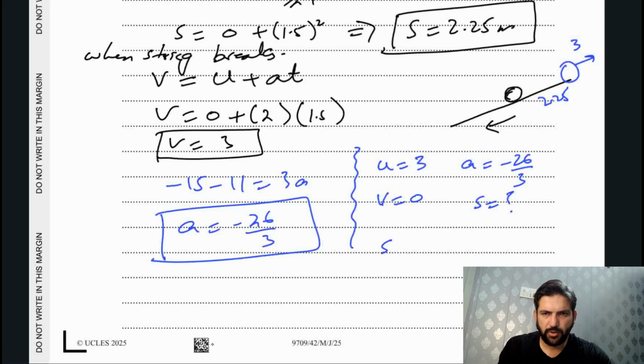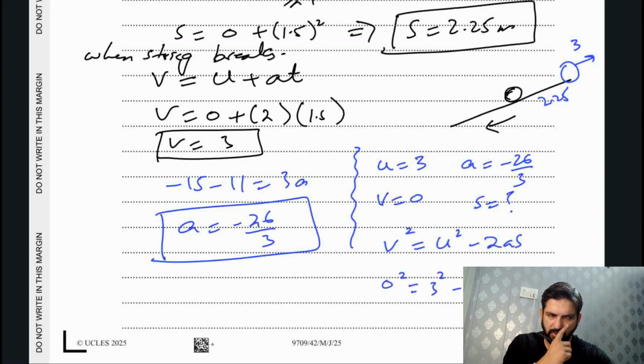So we can use the formula for s: v squared is equal to u squared minus 2as. So v is 0, so 0 squared is equal to 3 squared minus 2 into this s.